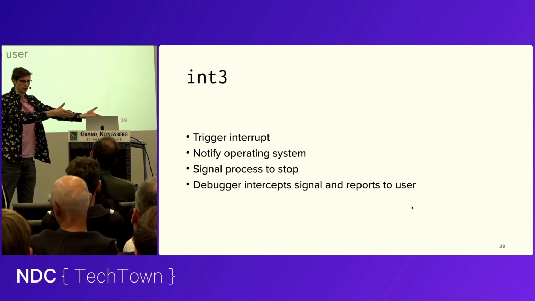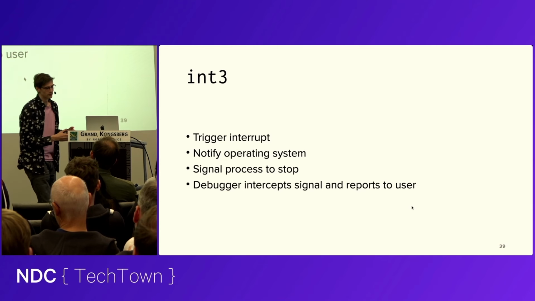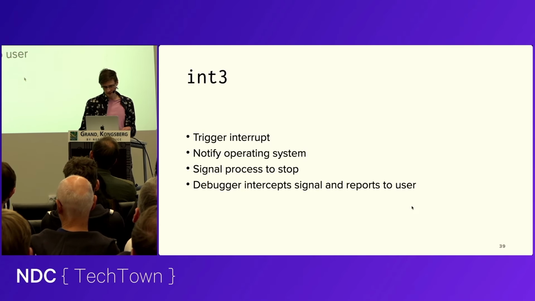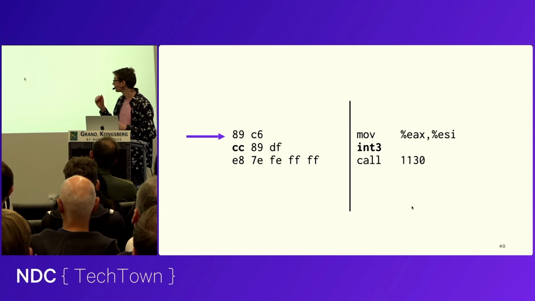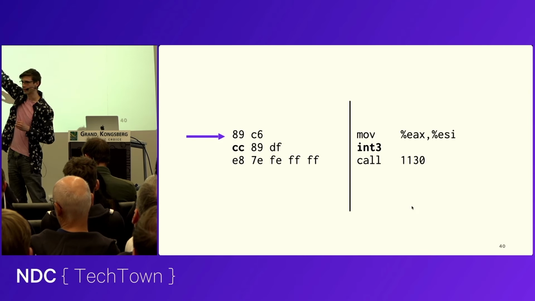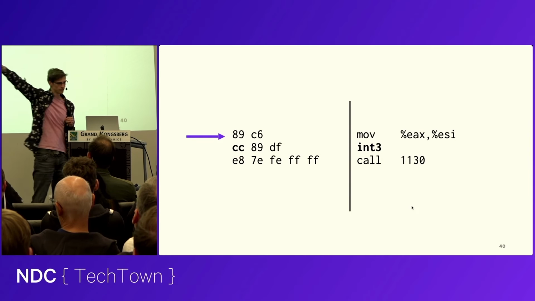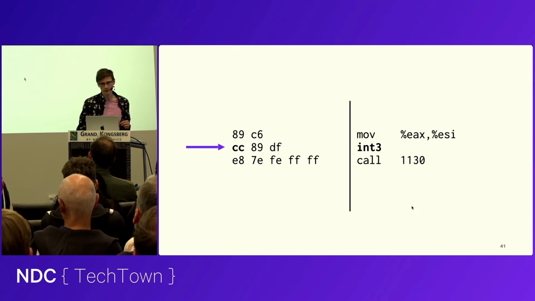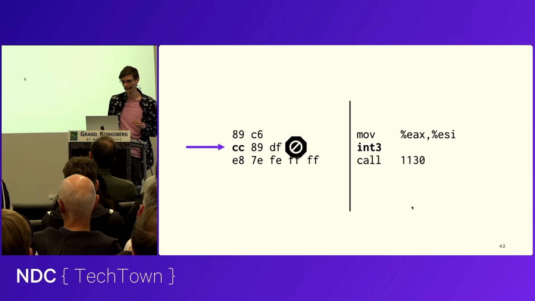I can report that to the user: hey, we hit a breakpoint. To walk through this, say execution is currently right here on the top line. We will execute that instruction, go to the next one, and stop.